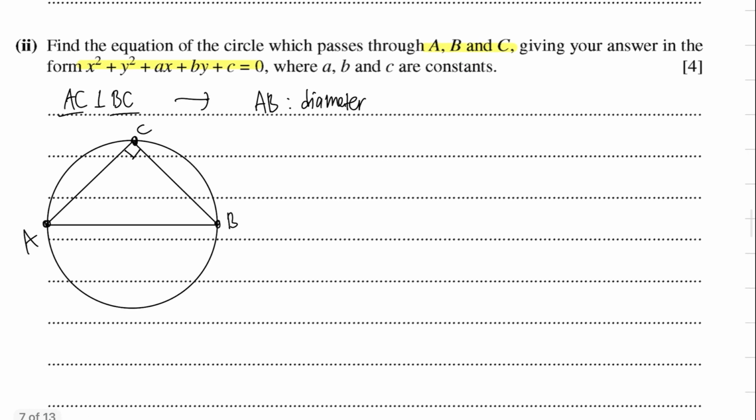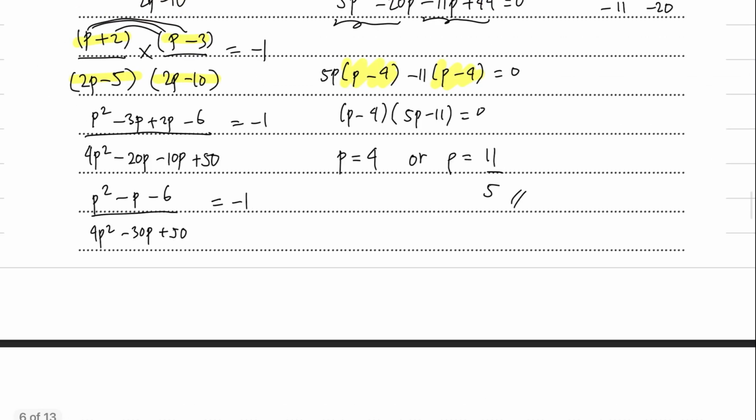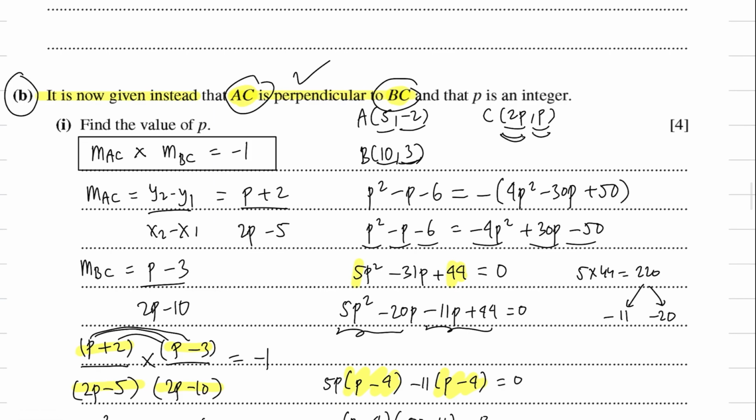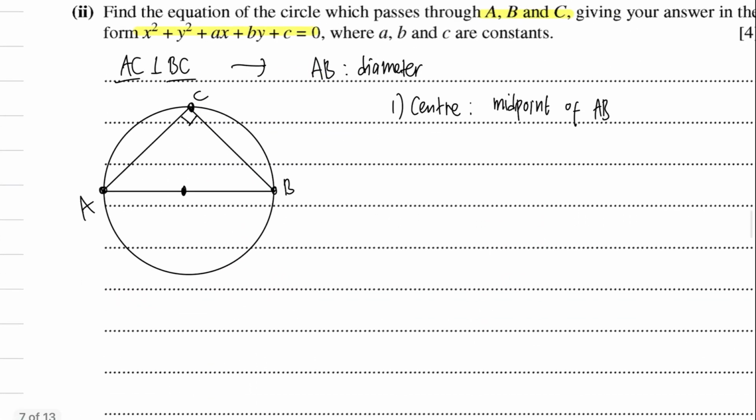So if you want to find the equation of the circle, remember we need two things. The first one is the center. We can find the center just by finding the midpoint of AB. Why? Because AB is a diameter, so the middle is just the center. So let's take A and B from the previous one: A is (5, -2), B is (10, 3).